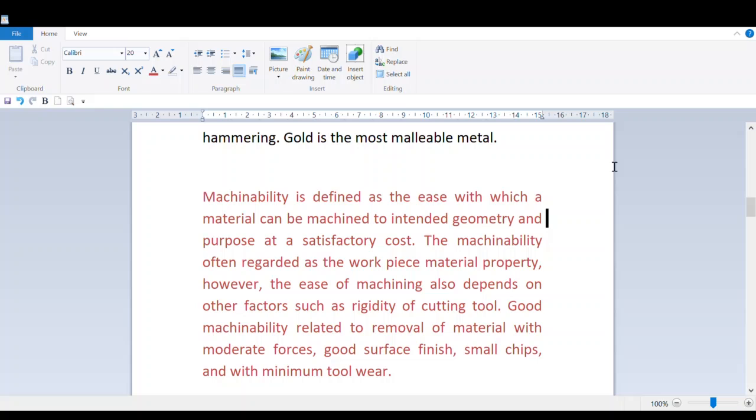So machinability is also one of the criteria on which a material is selected for manufacturing products.